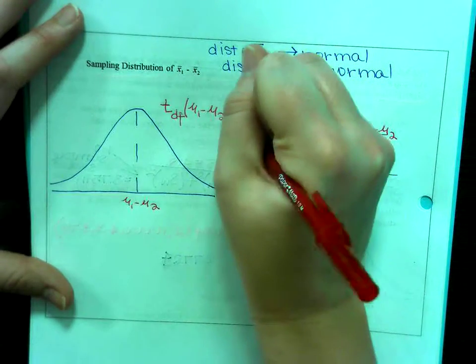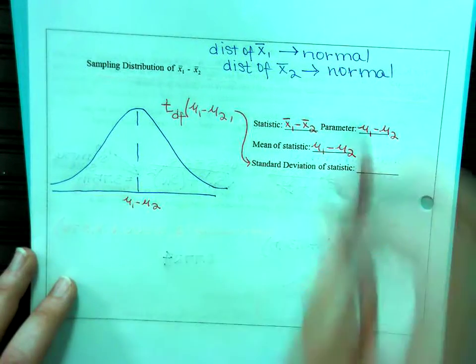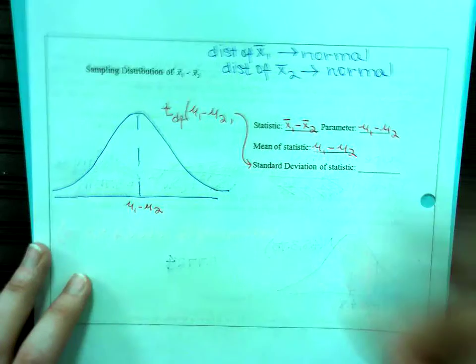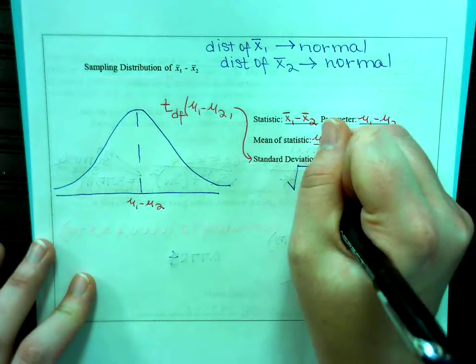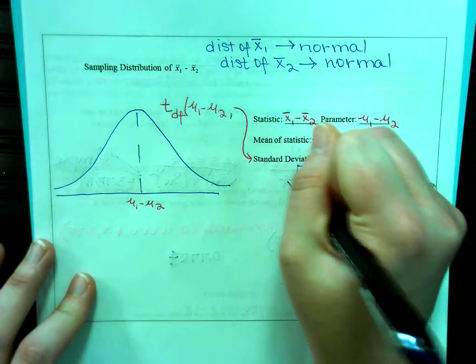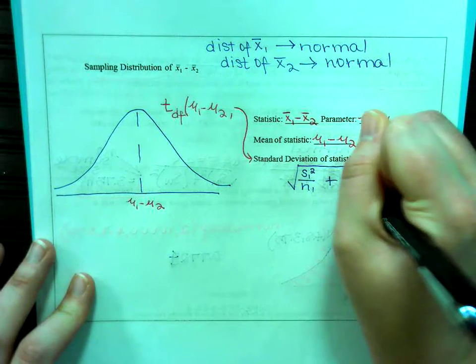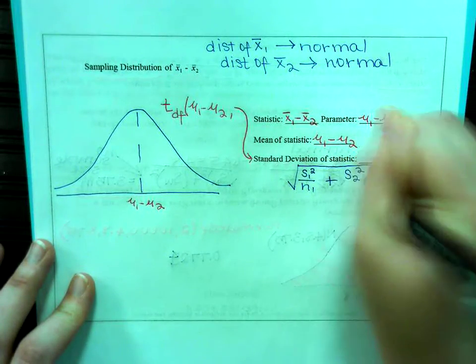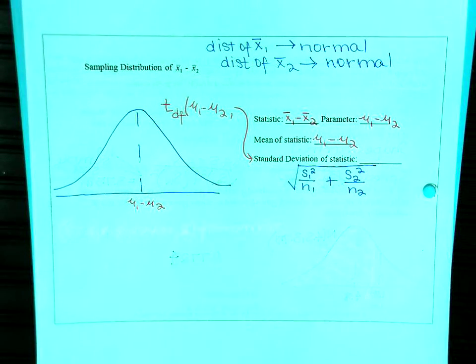And then standard deviation, which is a long formula. So I'm going to draw an arrow instead of actually writing it. And the standard deviation, square root of sample standard deviation of 1 squared over n sub 1 plus standard deviation of sample 2 squared divided by sample size.